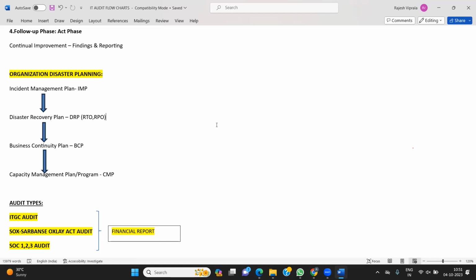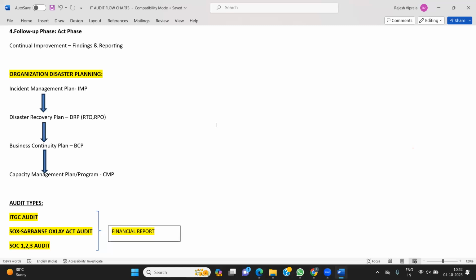See, guys, you should not always go with the rules we are discussing. Why? Because the organization may consider RTO and RPO in its incident management planning document. So don't contradict the organization, because the organization knows better than us. You have to understand that, because they are the people who are running the business.